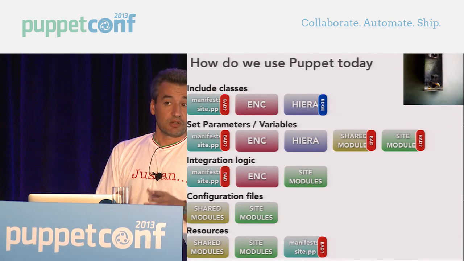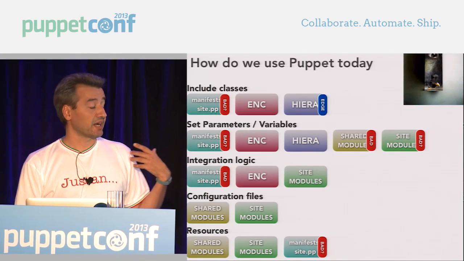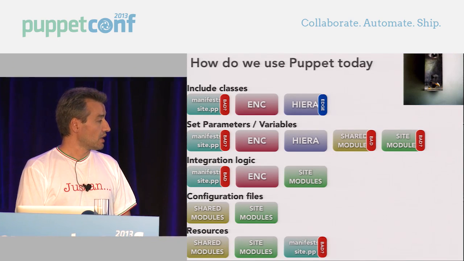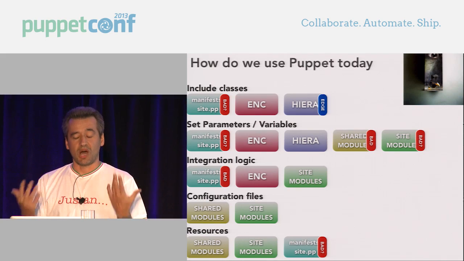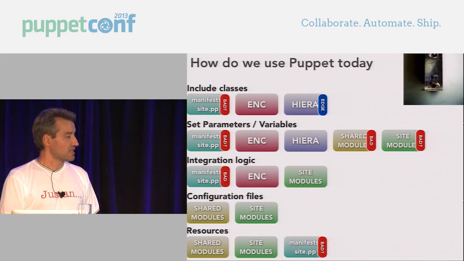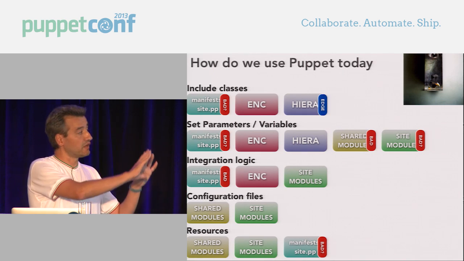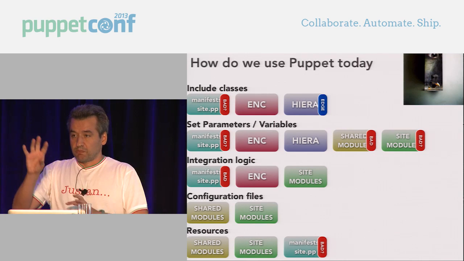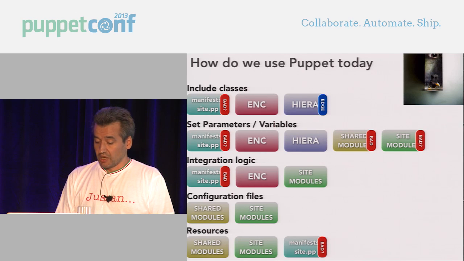Other components are the configuration files we provide, as templates or as static files. Typically, they are in modules, either shared or site modules. And also the additional resources we may decide to add to our modules can be defined in site modules or shared modules. So this is, let's say, the overview of where the typical components of the Puppet code we use are.